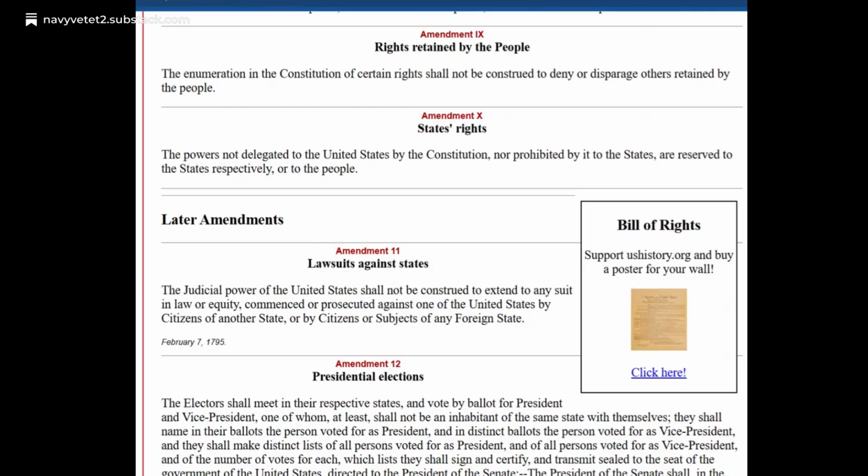This is the Ninth Amendment. One of the reasons given for the framers' omission of a Bill of Rights from the original Constitution was their fear that if they unintentionally failed to mention some fundamental rights in such a listing, those rights might go unprotected.